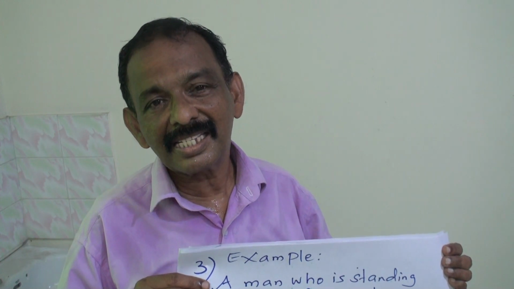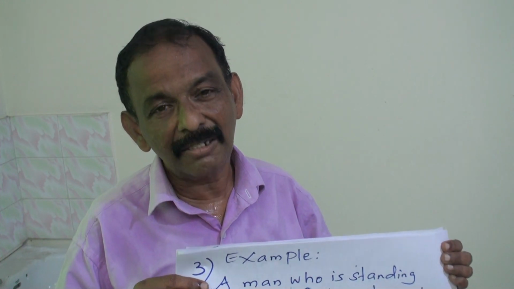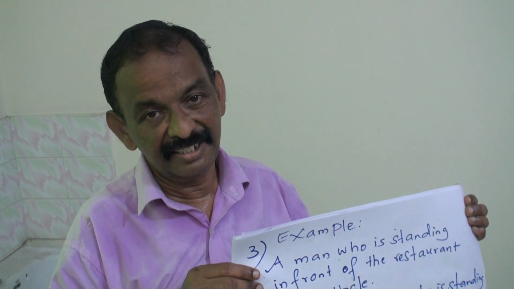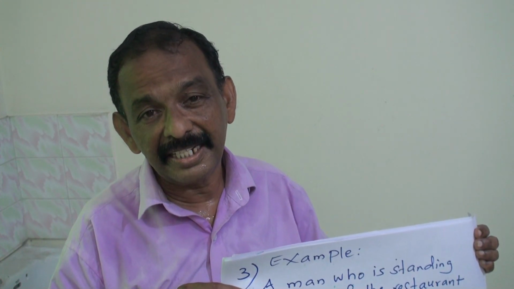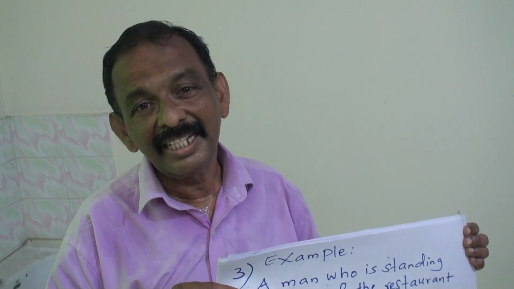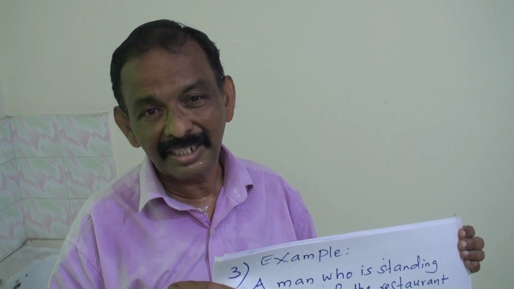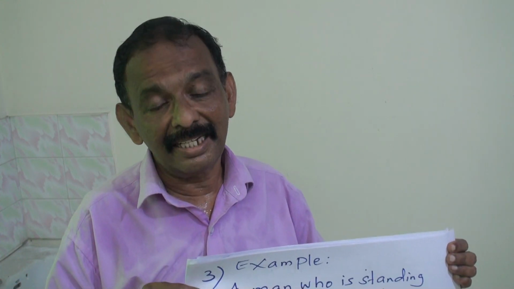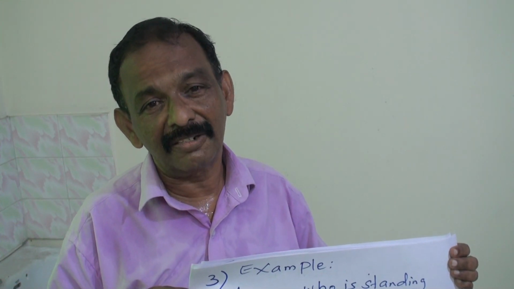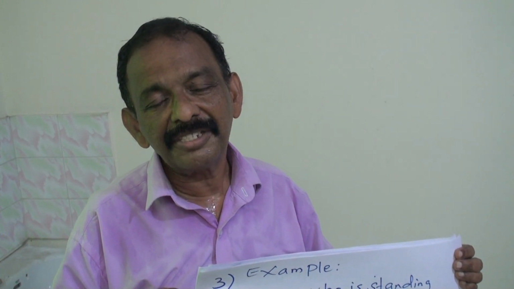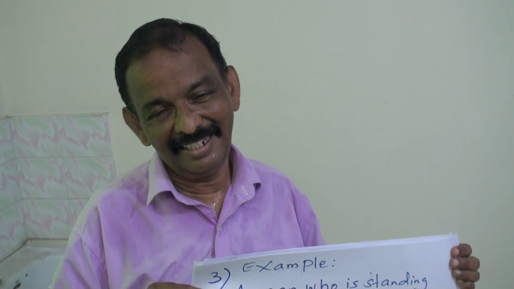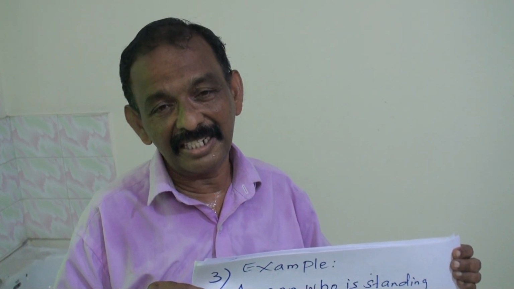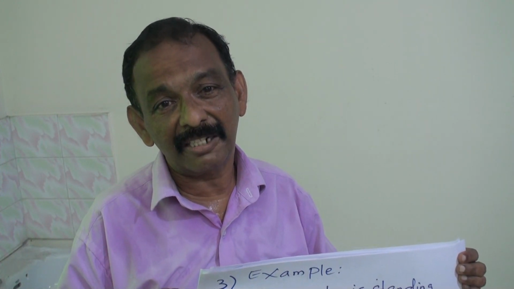In this case, the relative clause is who is standing in front of the restaurant. It introduces something about a person, a man. This relative clause is called a defining clause because it defines, it tells about someone, introduces someone. That is why it is called a defining clause.